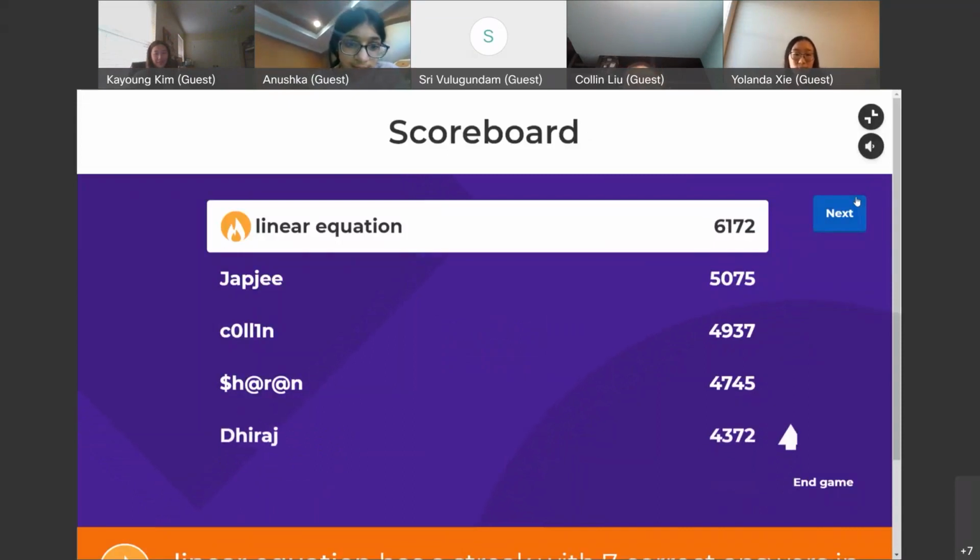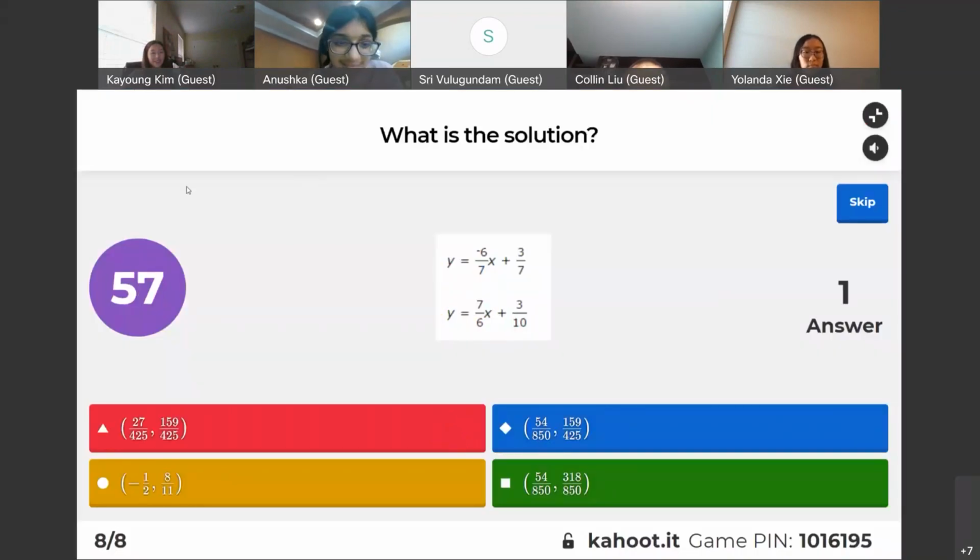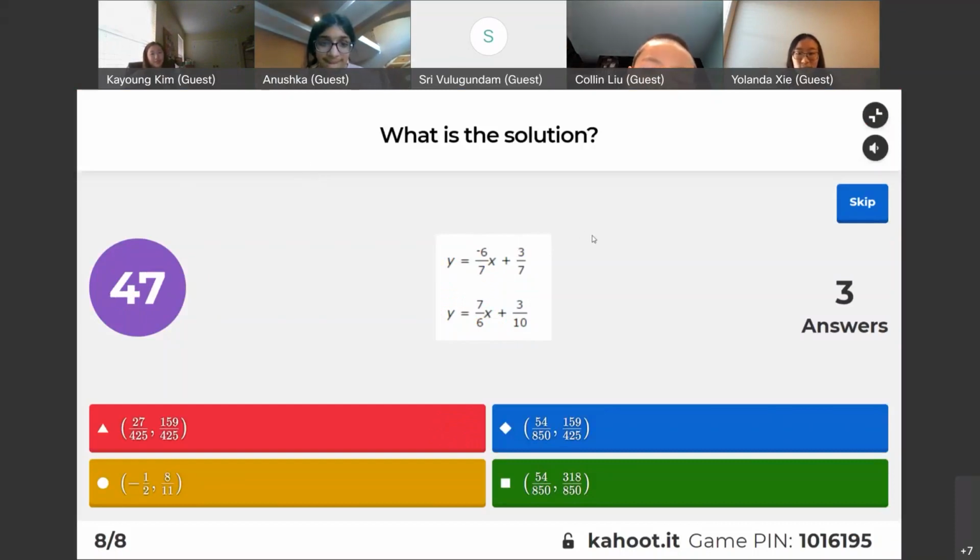Ooh, a different person came up. Do the math. Last one, double points. I think this one was extra hard, so somebody just guessed. Alright, this one is kind of really hard. If you just guess, you have a 1/4 chance of getting this right.